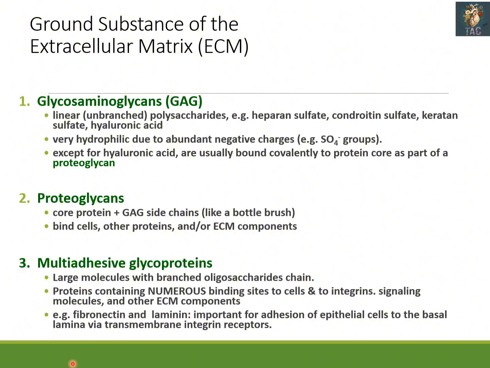Types of multi-adhesive glycoprotein are fibronectin and laminin. Laminin is basically present in the cell membrane. It binds to type 4 collagen. It is part of the epithelia. And fibronectin is present in the connective tissue. So it is important for the adhesion of the epithelial cell to the basal lamina via transmembrane integrin receptors.